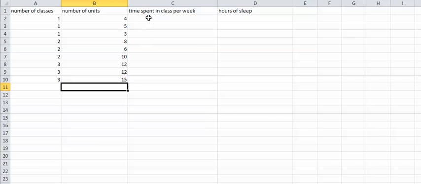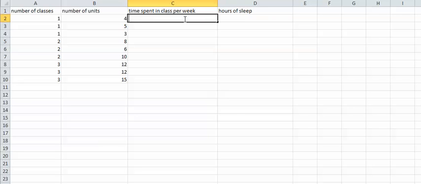I'm also asking each person how many hours are you spending in class per week. Well, if this person is taking 1 4-unit class, then that should mean that they're spending 4 hours in class per week. Or maybe if class gets out a little bit early, maybe it's only 3.5.